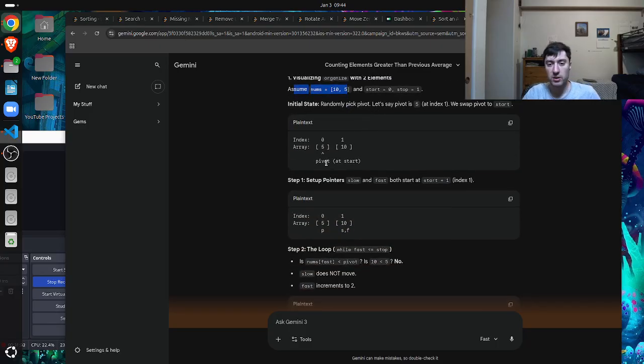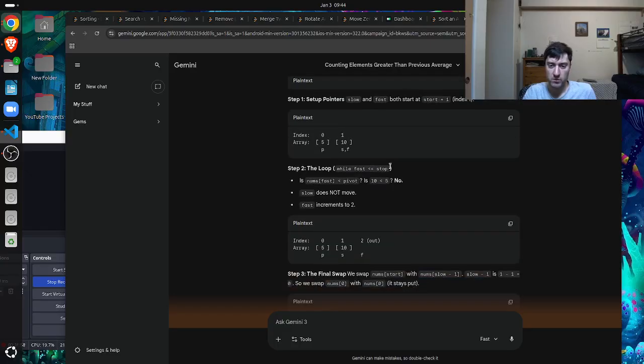So we will come here and then indexes 0. Okay, that's just indices. Then the array, okay, and then pivot at start, okay? Set up the pointers. Fast and slow are going to be here, right? It's equal to stop, so we're going to run. It says, is fast smaller than the pivot?